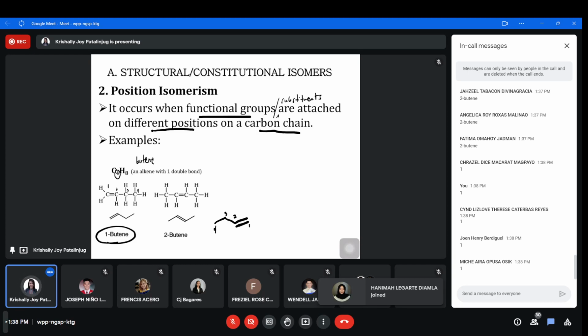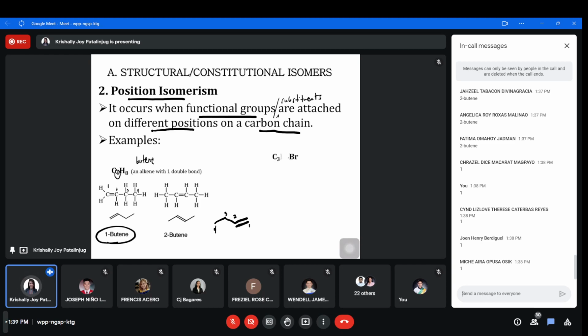So that is an example of position isomerism. So kung yung pangalan mismo ng type of structural isomerism is already your indicator or hint mo, okay, how to identify na position isomerism yan. Nagkakaiba sa position ng mismong functional group. Okay, magkaiba yung position ng functional group.